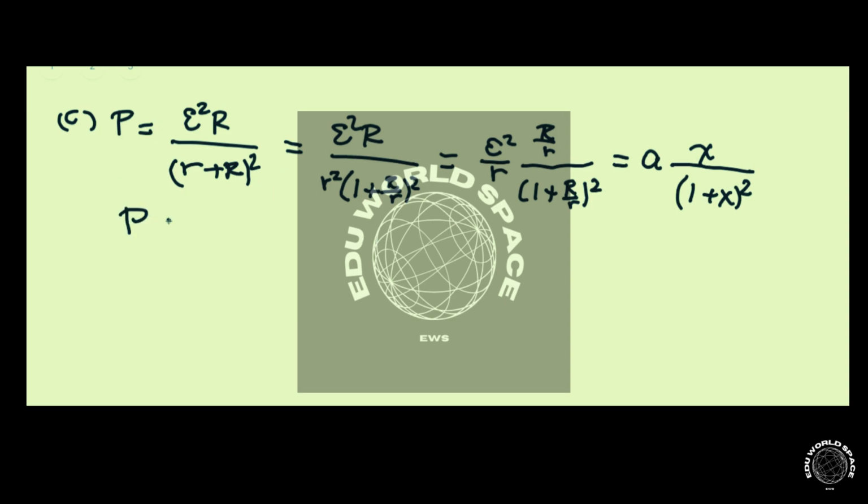So we have the power is equal to A x over (1 plus x) squared, where A is the EMF squared over R, and x is the resistance of the resistor over the internal resistance of the battery.